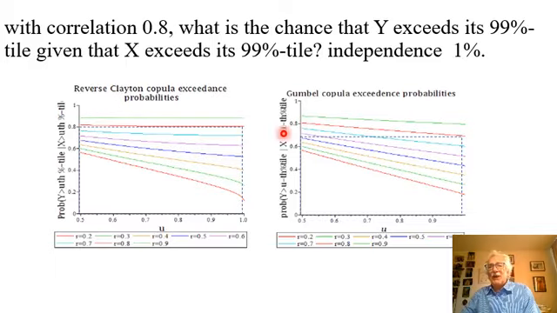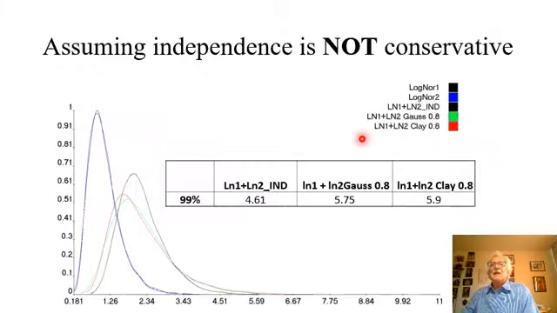So it stays 0.8 as y goes from its 99th to its 99.9 to 99.999. This guy stays at 0.8. Big difference. And with the Gumbel, it's something similar. So the bottom line is that assuming things are independent is not conservative.